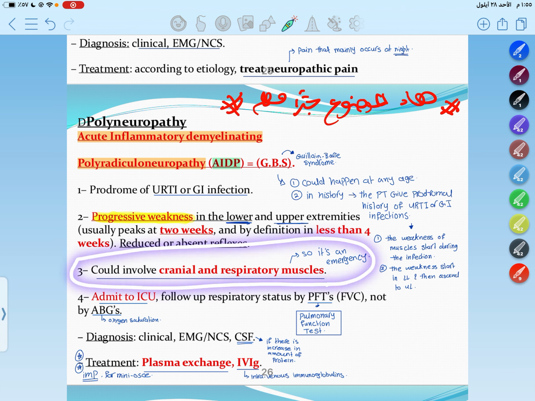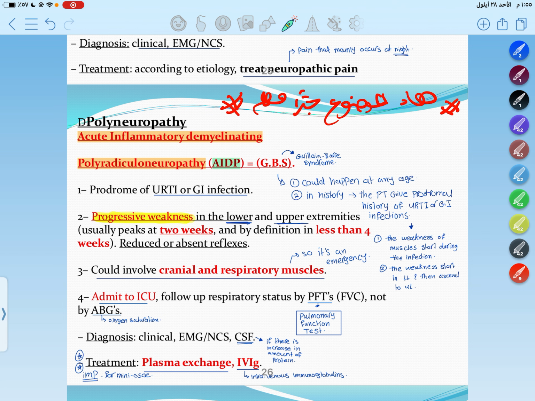That's why if you suspect Guillain-Barré syndrome, you treat the patient in the intensive care unit, not the usual ward. Why? You admit him to the ICU to follow up the respiratory status by doing frequent pulmonary function tests.